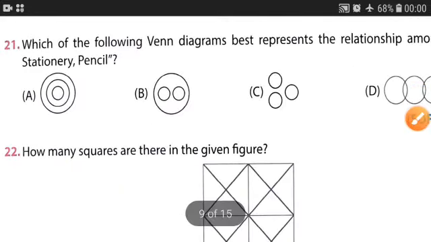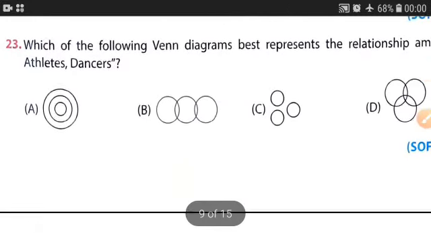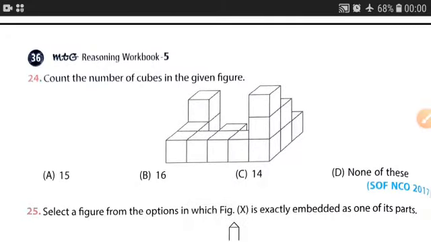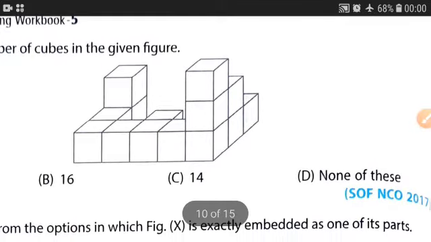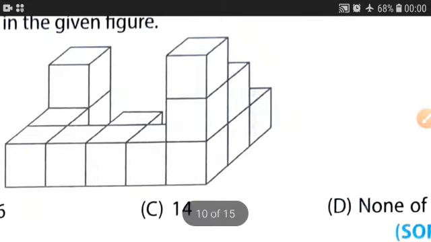Okay, now let's move further. Coming to question number 24. Here, count the number of cubes in the given figure. We have some small cubes here, and we have to find out the number of cubes.